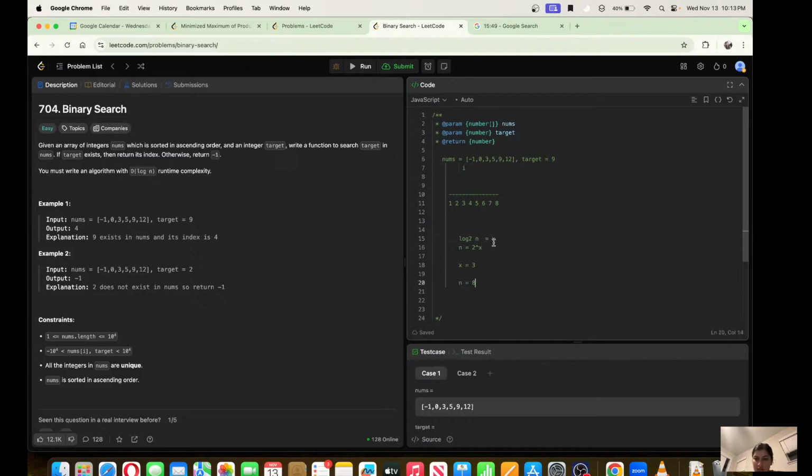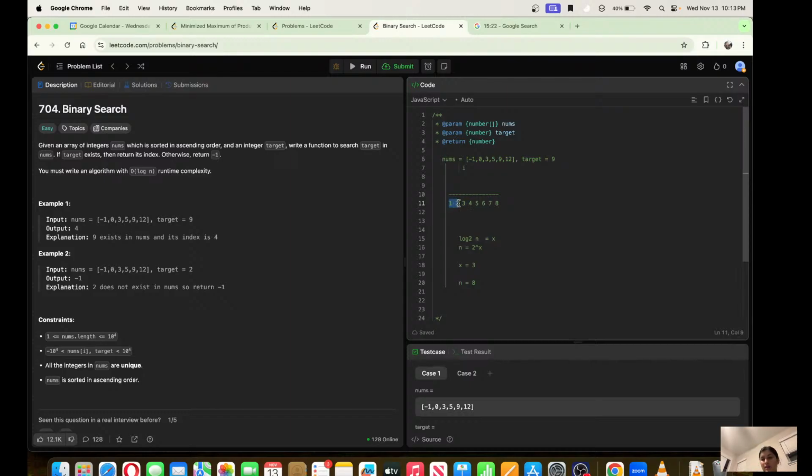If n is 8, then x will be 3. In linear search it would be 8, because I would have to look at all 8 elements. But in binary search, I would not have to search 8 times. I can only search 3 times. First search, then second search, and then third search.